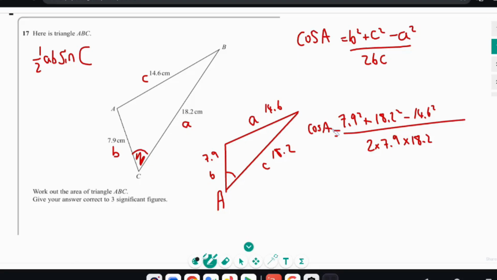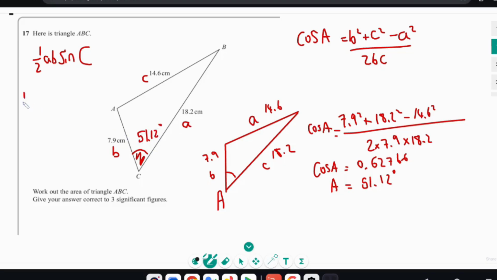I'm just going to type that into my calculator. And I'm going to inverse cos the answer in a minute. That gives me 0.62766, then cos to the minus 1. The answer I get for A is 51.12 degrees.